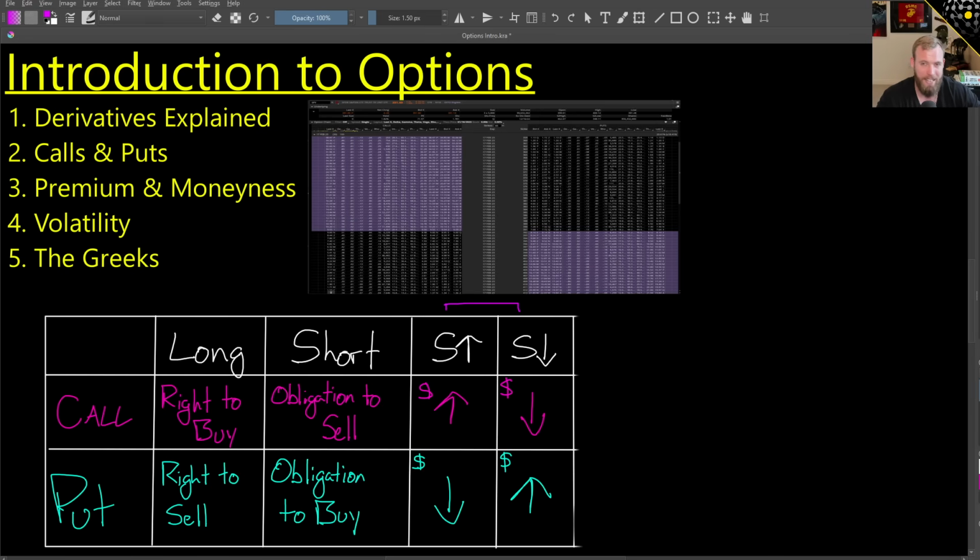And that might sound a little confusing because what are you selling? What if you don't have it? We'll get into some of those details in just a minute, but just know that for puts, if you buy a put, you are buying the right to sell somebody something. And why does that matter? Well, it's kind of the inverse scenario here.